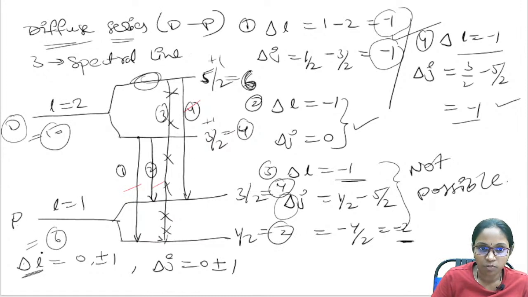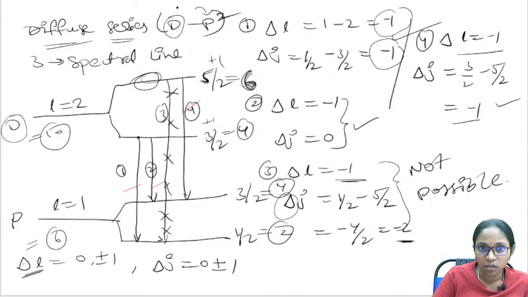If your question mentions that the d orbital is filled with 2 electrons and the p orbital is filled with 2 electrons, and the transition is from d to p, then this d orbital is less than half filled, therefore you go with the lower J value.